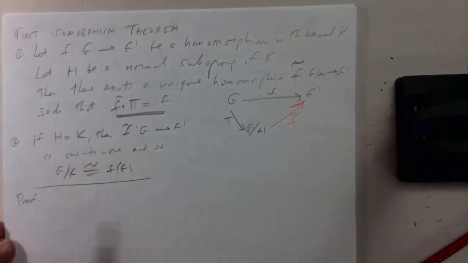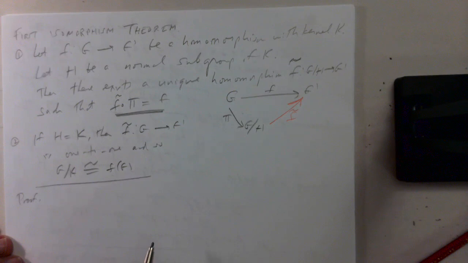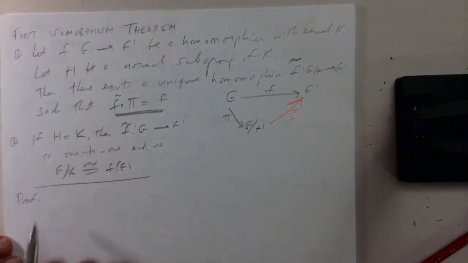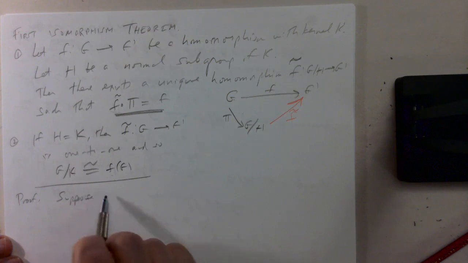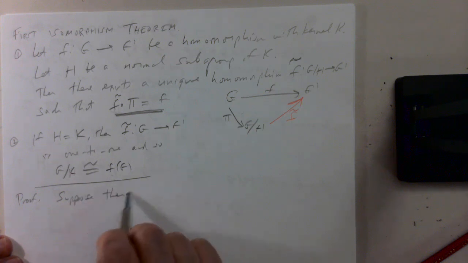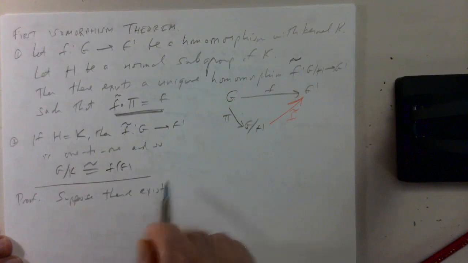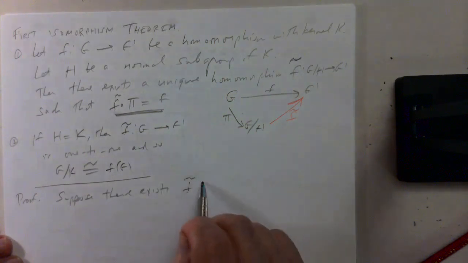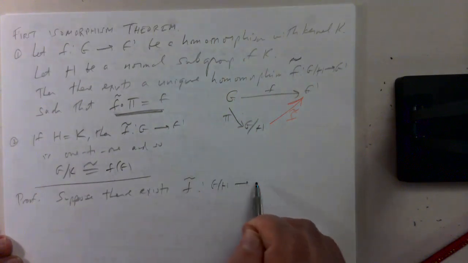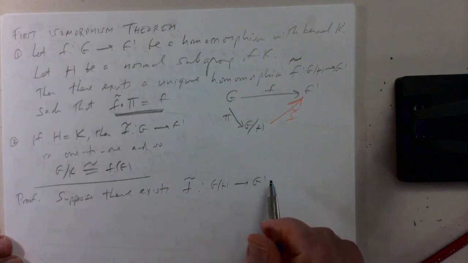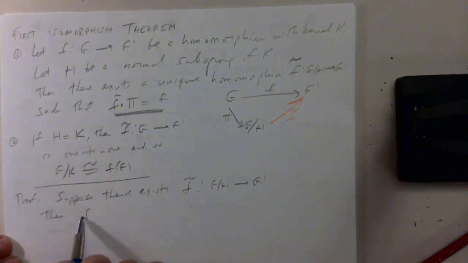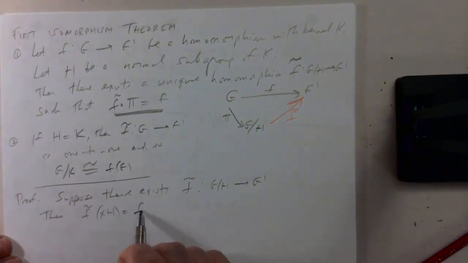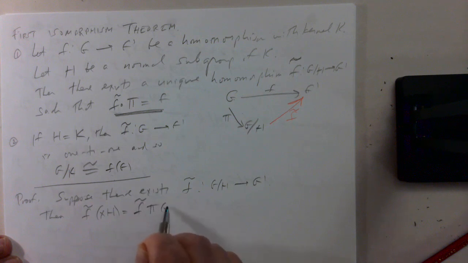So how does the proof go? So suppose there exists a homomorphism f tilde from G mod H to G prime. Then what can we say? So then f tilde of a coset xH, well, that's f tilde of pi of x.